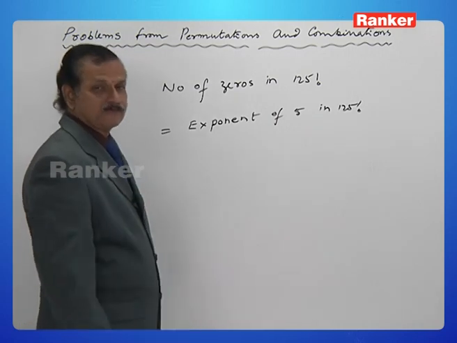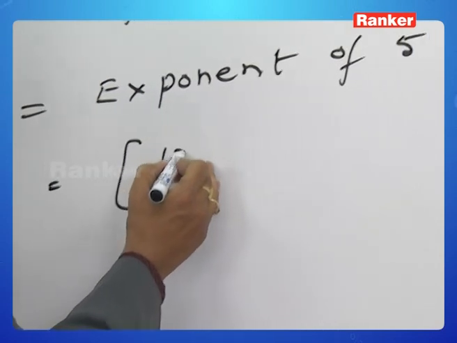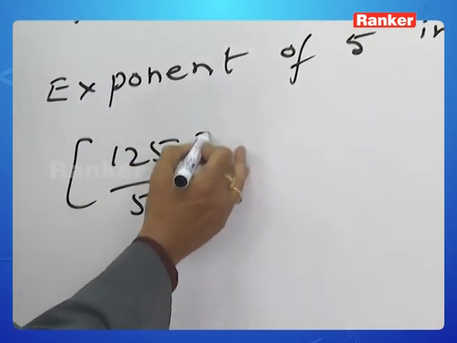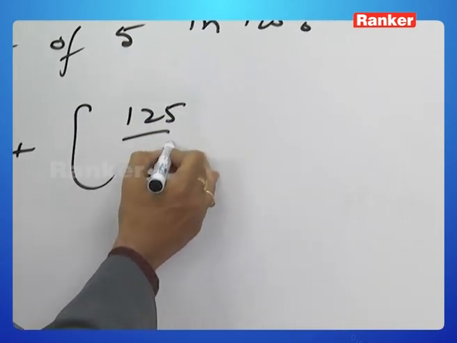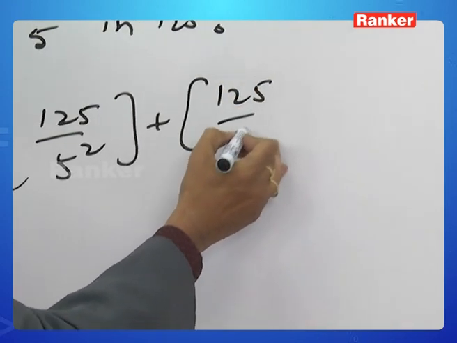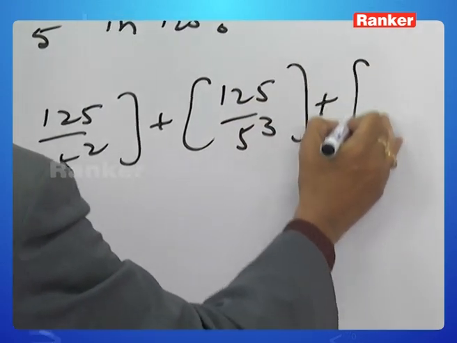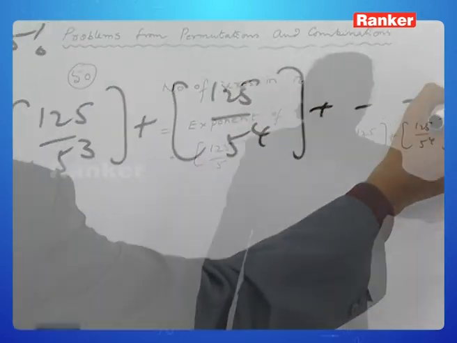Previously, we could have made use of that procedure. It can be traced like this. Integral part of 125 by 5 plus integral part of 125 by 5 square plus integral part of 125 by 5 cube plus integral part of 125 by 5 power 4 and so on.